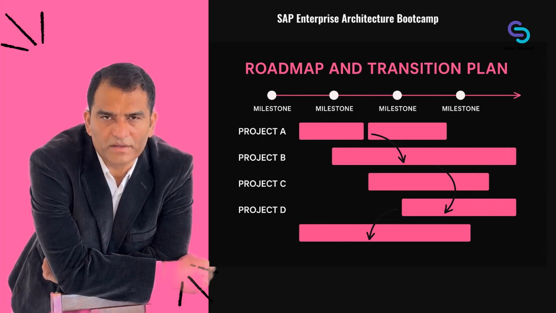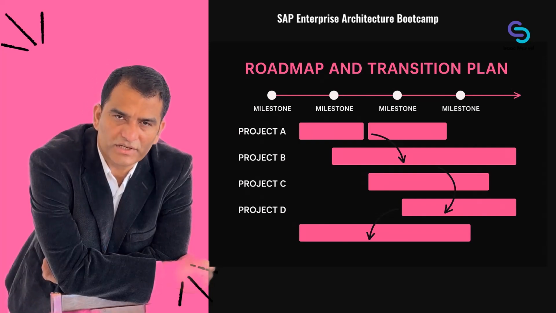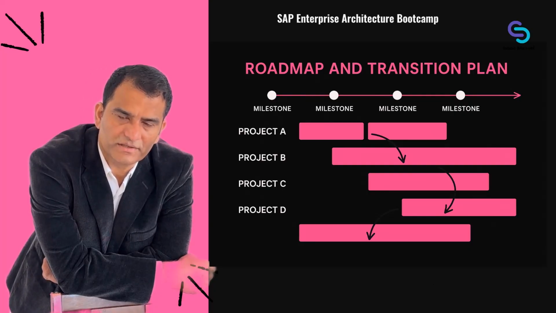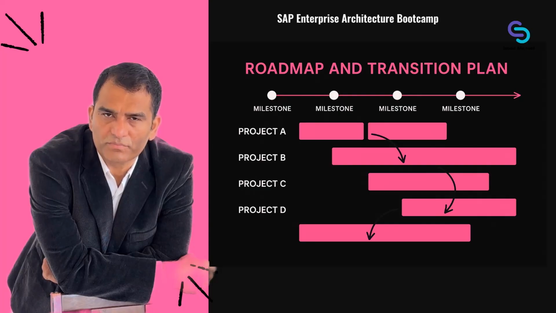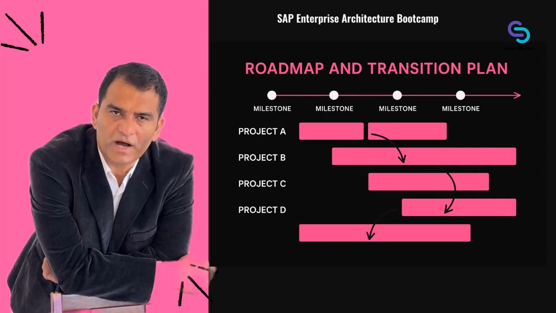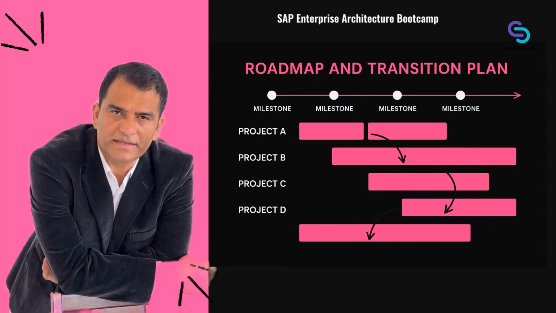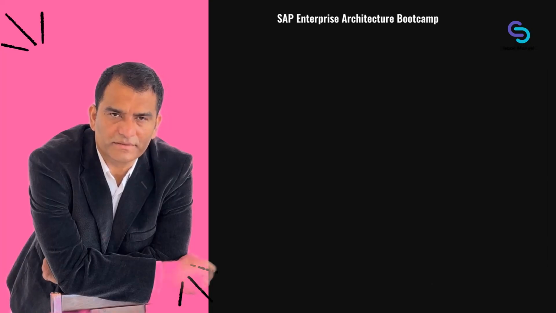This roadmap often comes with an associated migration plan outlining the migration of data and processes from legacy systems to new platforms. For example, detailing how you'll archive legacy ERP data or manage interfaces during phased SAP deployments.